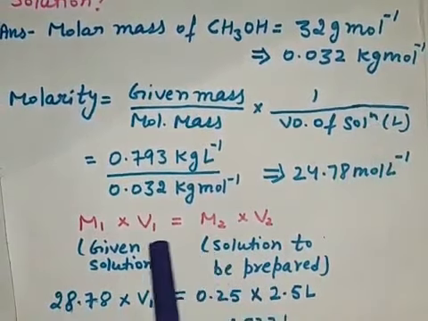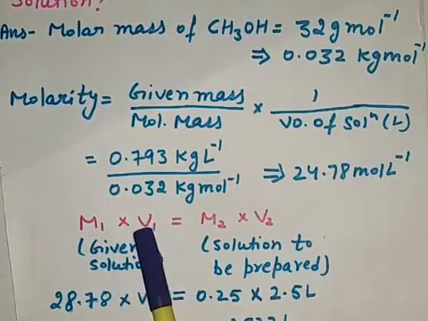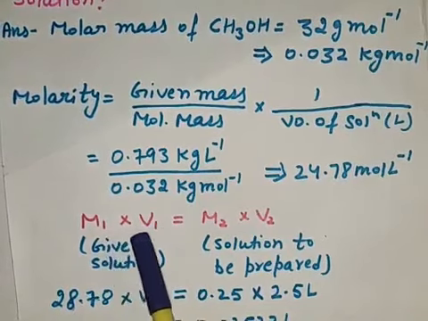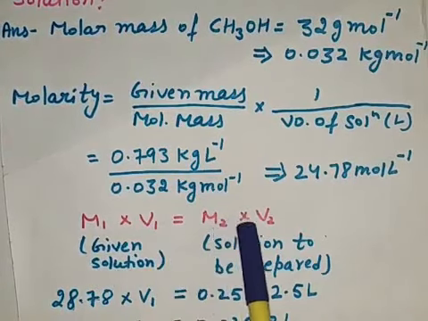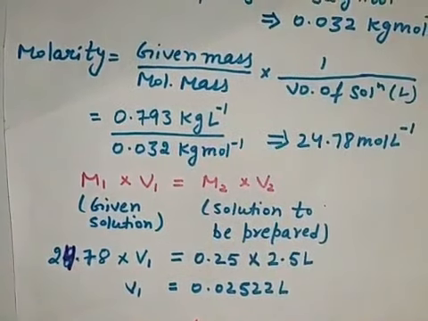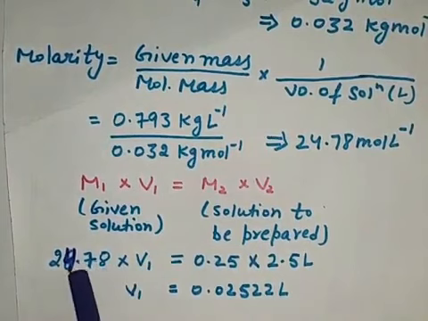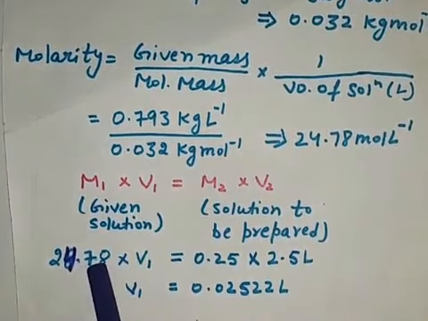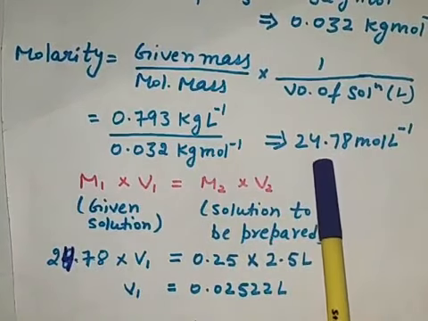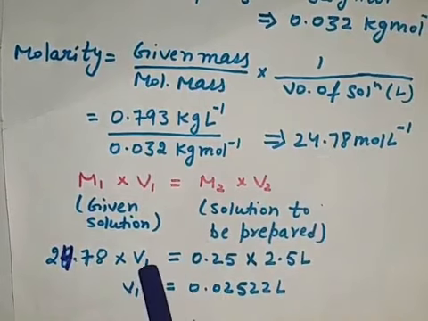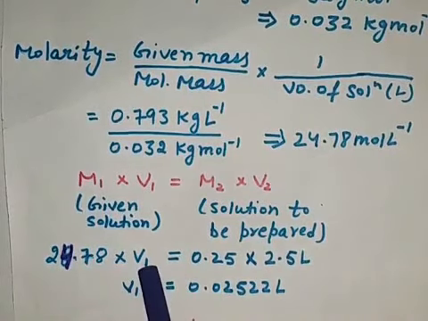Now here we will use the equation of molarity, that is M1 into V1 is equal to M2 into V2. So here 24.78 into V1. 24.78 is the molarity which we just solved using the formula of molarity, and V1 is unknown, that we have to find out.